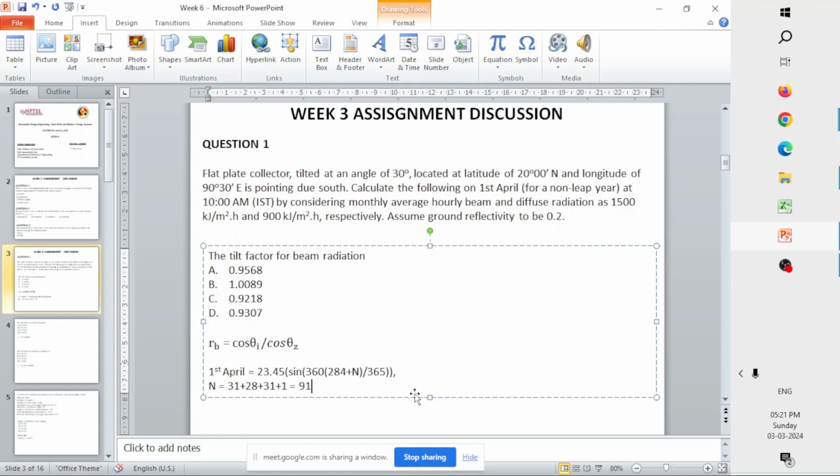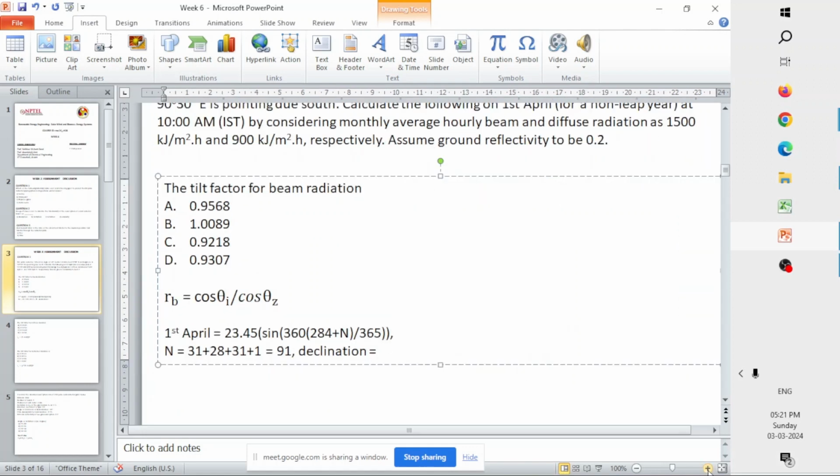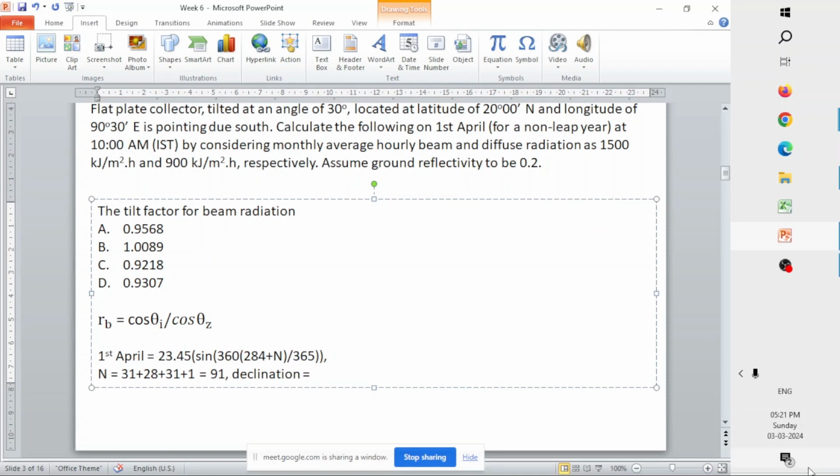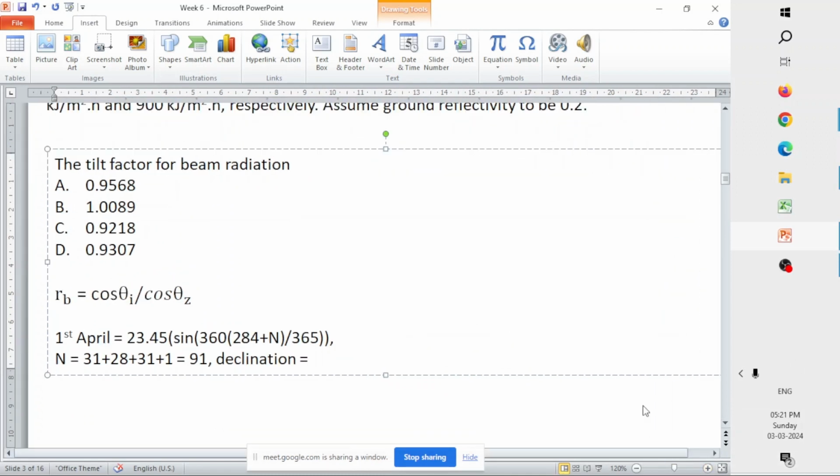So your declination angle will be 23.45 times sine of 284 plus 91 into 360 divided by 365.